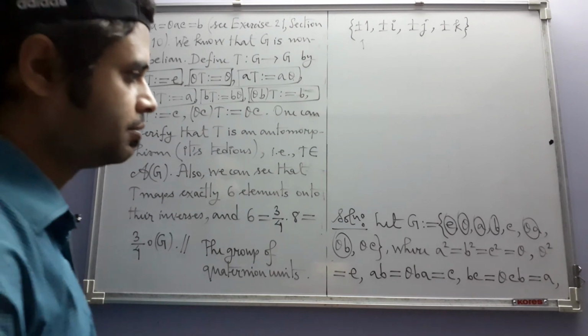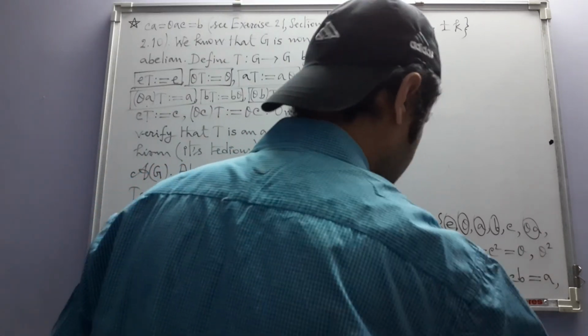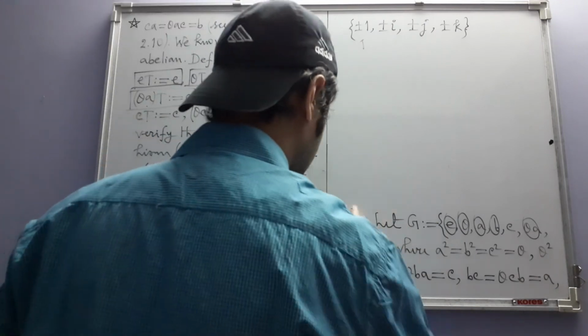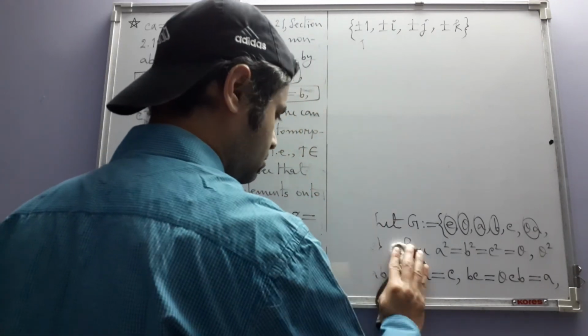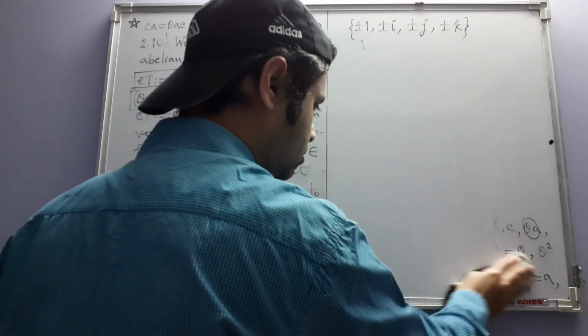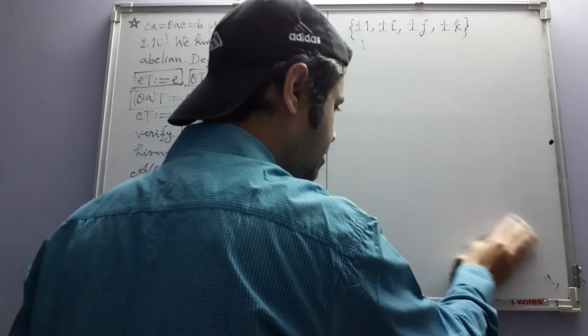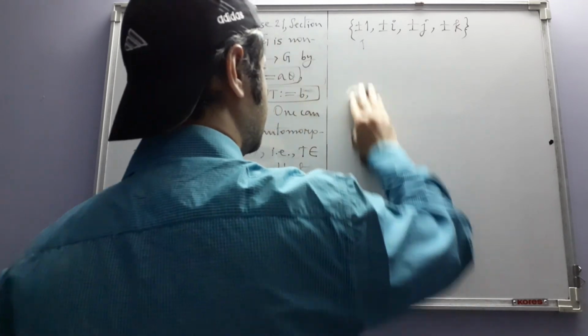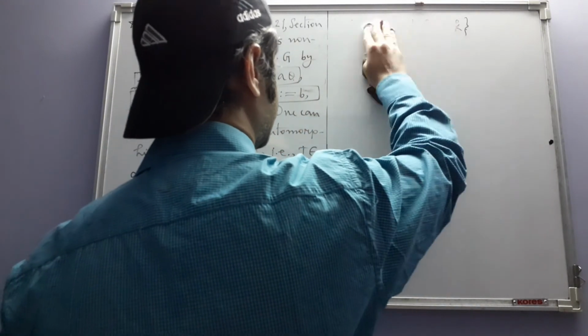That's just the thing. So this is a group where there is an automorphism that maps exactly 3/4 of the elements onto their inverses, and the group is non-abelian.